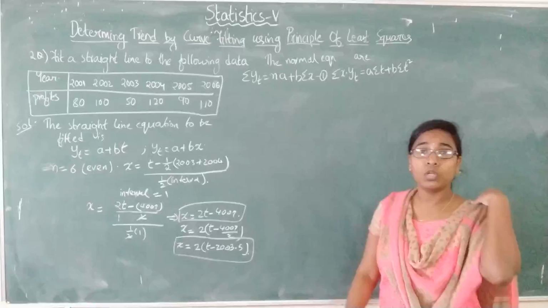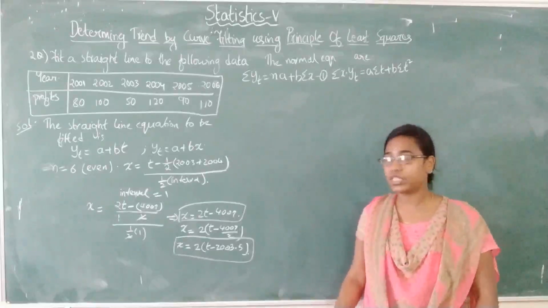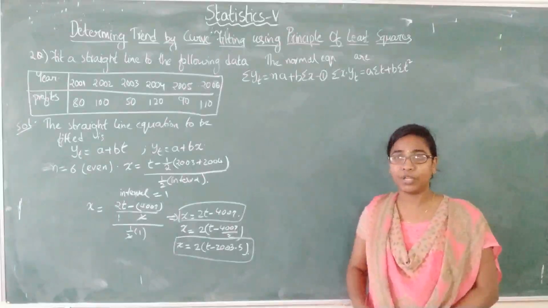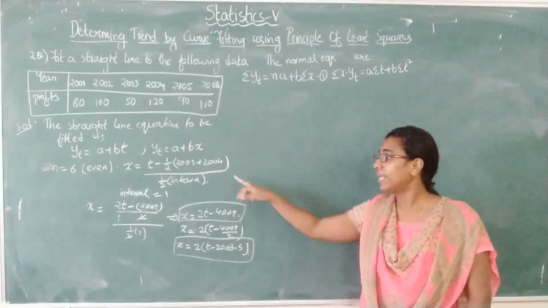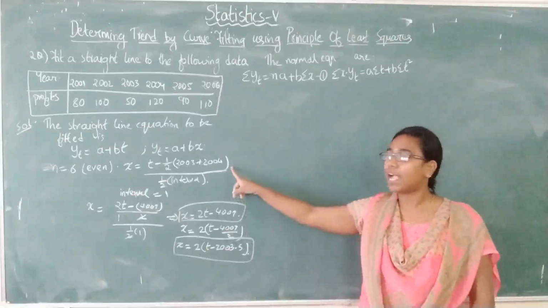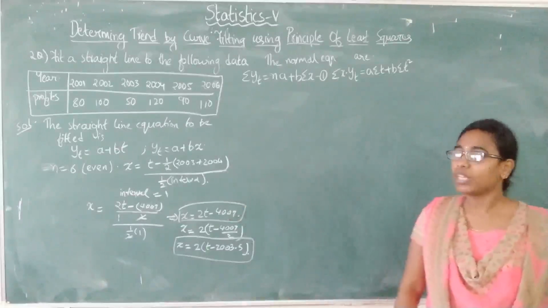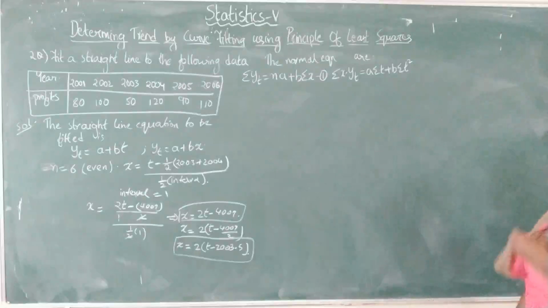Here also, to get the summation x value as 0, we shift the origin by taking the average of the middle two values. Since we take the average for the origin, we take half of the scale also.